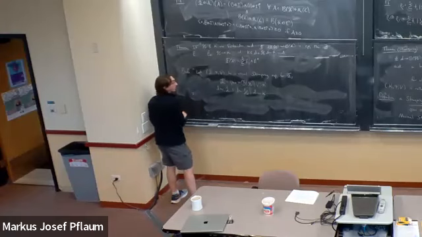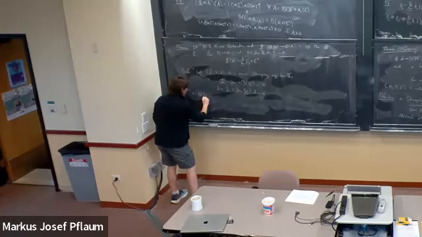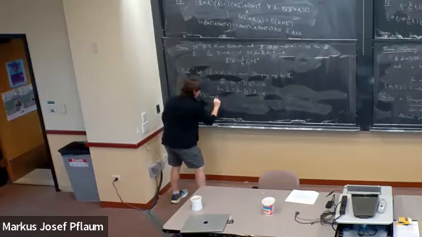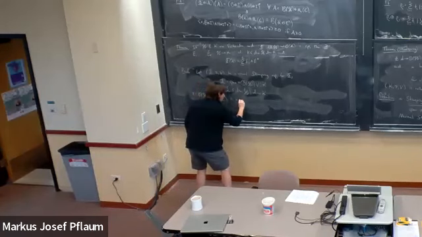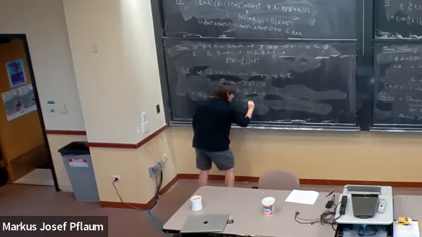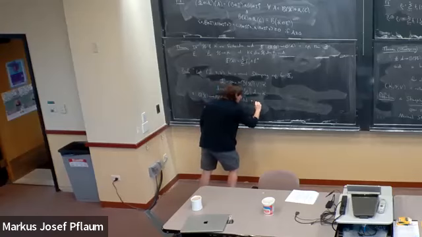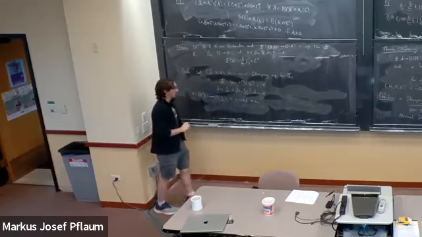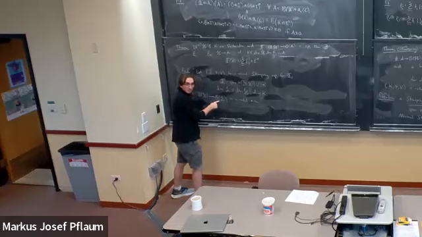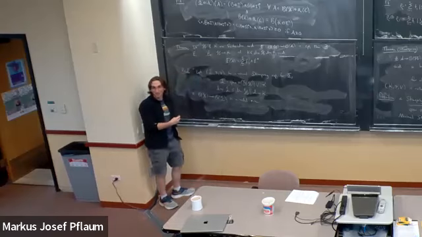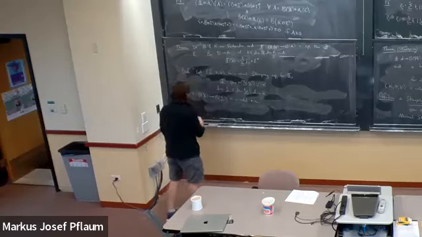Pi is a map from B of H to B of L and is a unital star homomorphism. Now, unital star homomorphisms between finite dimensional simple C-star algebras have a very nice form.